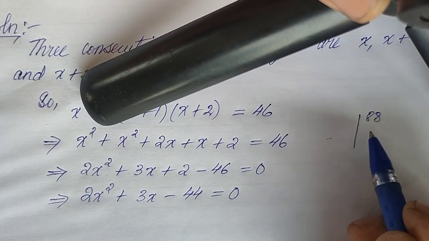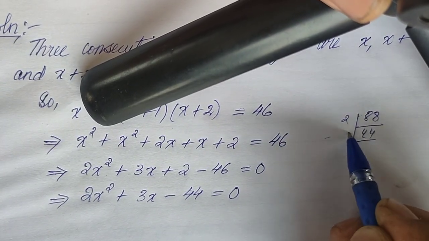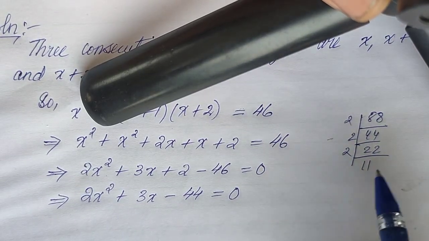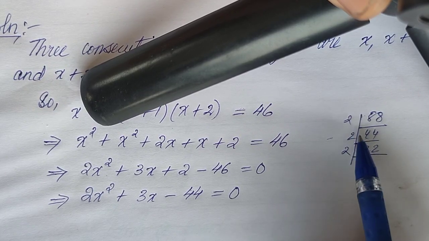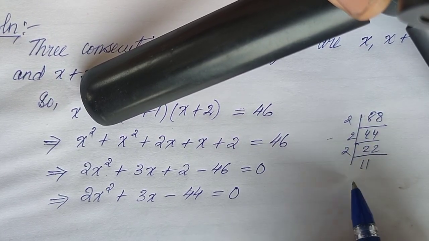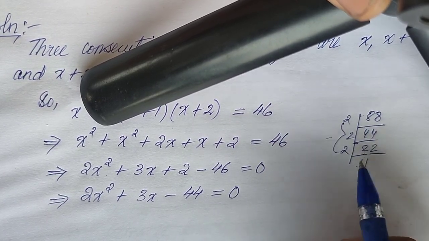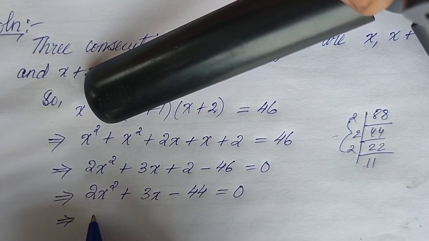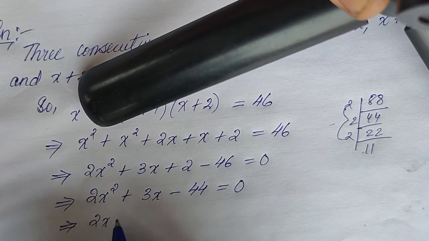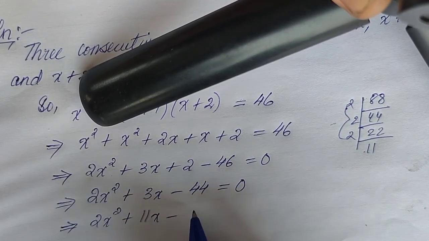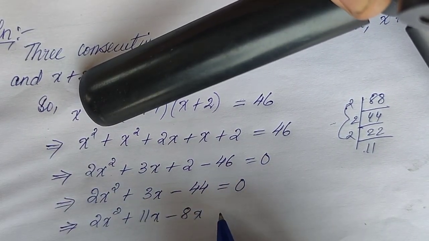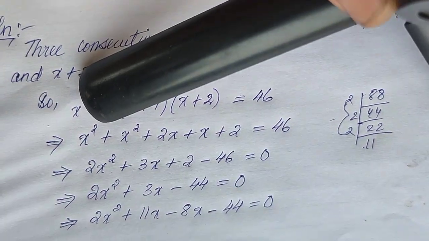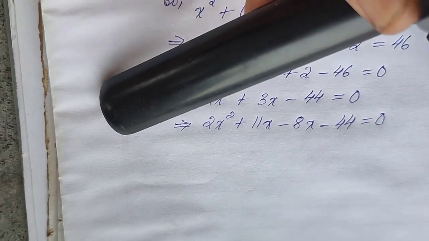Prime factorize 88: 2 into 44, 2 into 22, 2 into 11. The two numbers are 11 and 8, so 2x squared plus 11x minus 8x minus 44 equal to 0. Then take common factors.